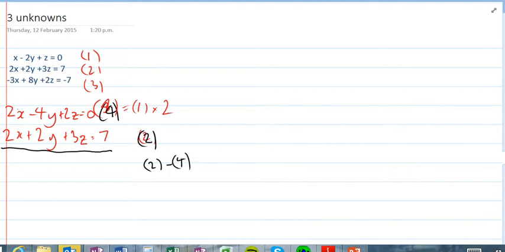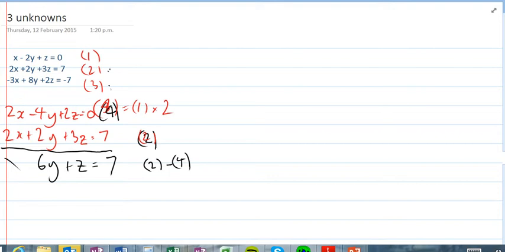Okay, so you can see the x's get eliminated, and then I get 2y take away minus 4y, going to give me 6y, right? And then 3z take away 2z is going to give me 1z, and then 7 take away 0 is 7. So I've got one equation there now, and I'm going to use another combination of these to try and eliminate x again.